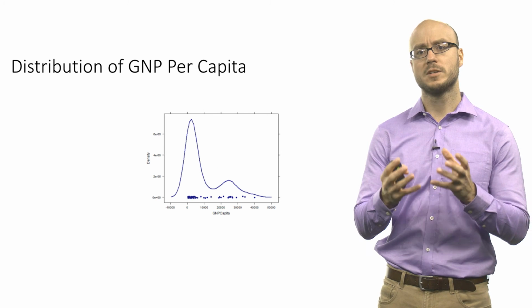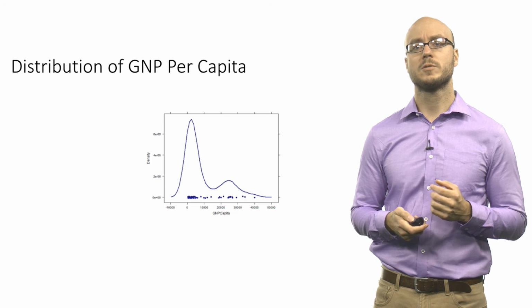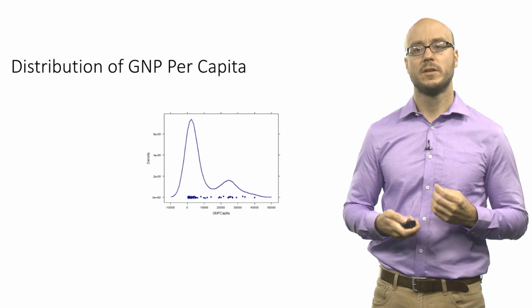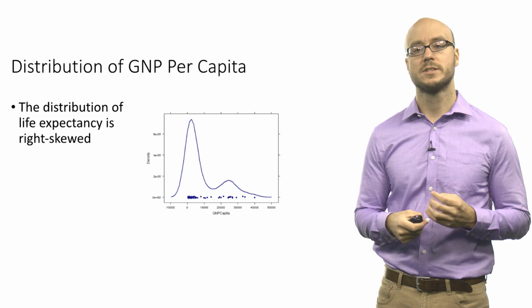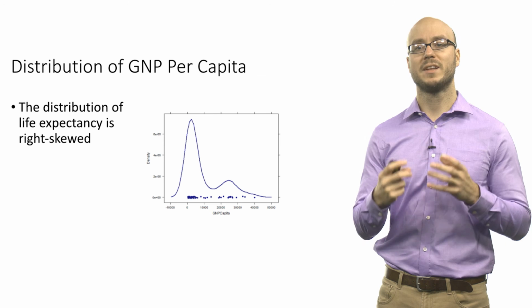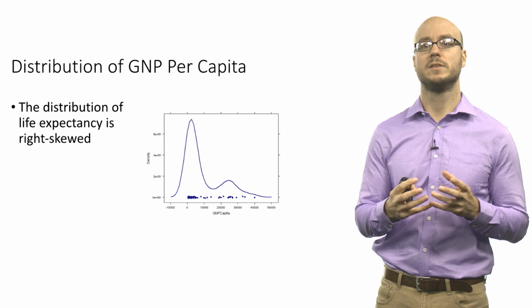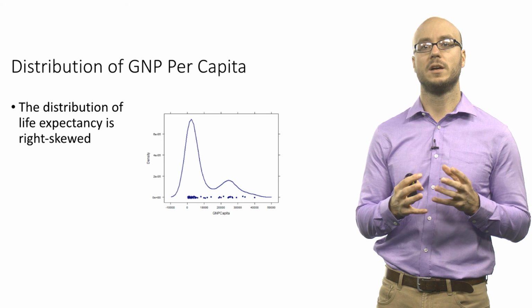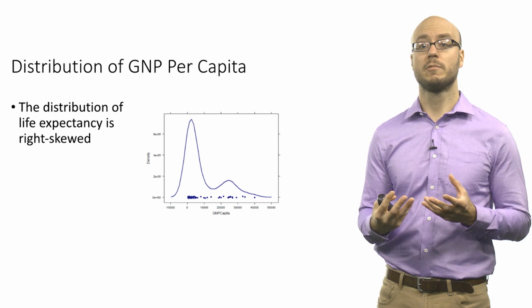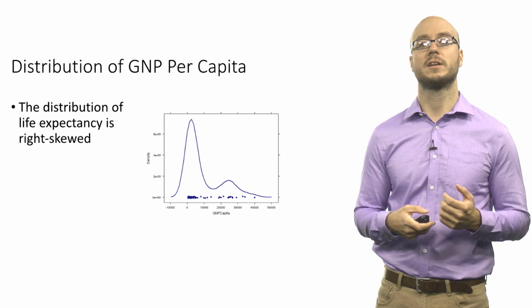But in our data set, we also have this variable of gross national product per capita. This gives you an idea of the total level of economic development for these different countries. For this variable, the distribution is right skewed, meaning we have a lot of observations that have a relatively low level of gross national product per capita, but then some countries are really quite rich in terms of overall economic development.